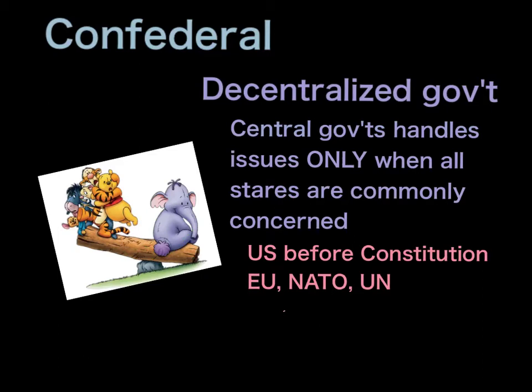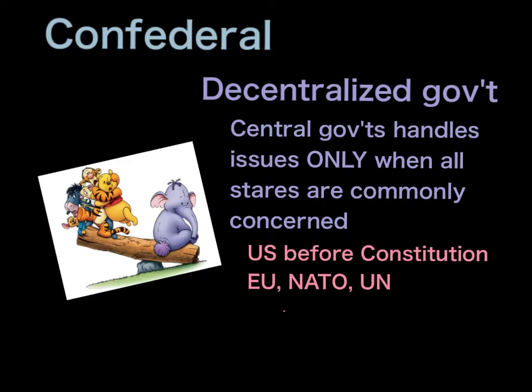We're going to look at the exact opposite of a unitary system, and that's a confederal system. A confederation is a league of independent states in which a central government or administration handles only matters of common concern expressly delegated to it by member states. The central government has no ability to make laws directly applicable to member states unless the member states explicitly support such laws.